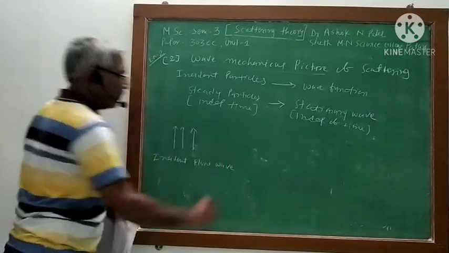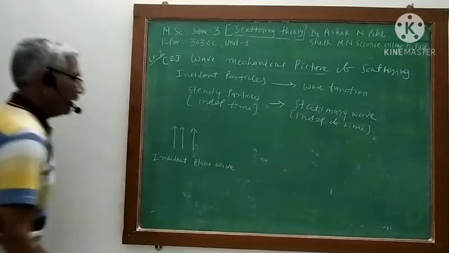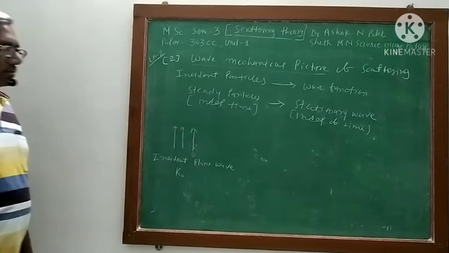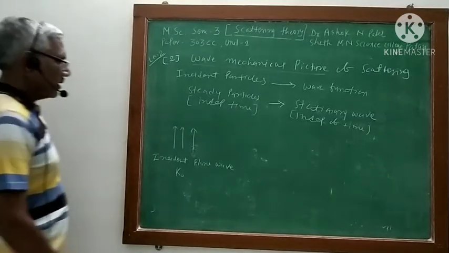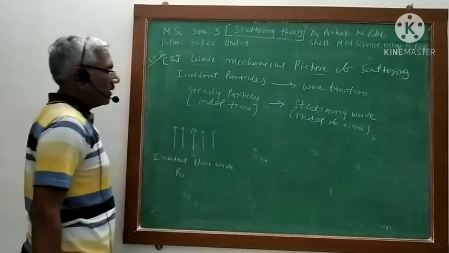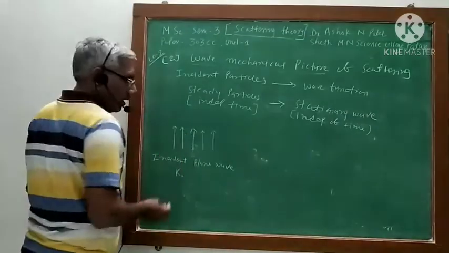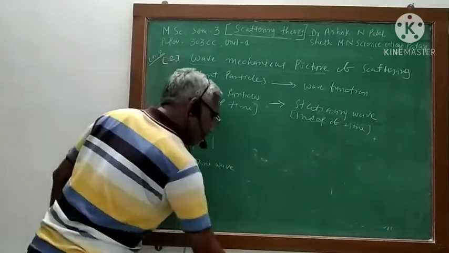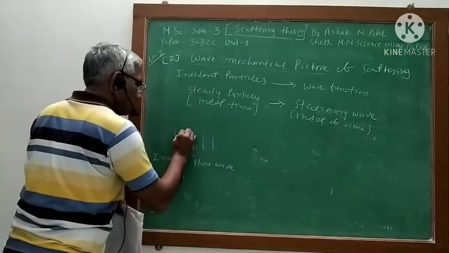Incident plane wave. Okay, and the propagation constant is suppose k0. Now these are the plane waves. I will not show the arrow, but just plane waves like this.